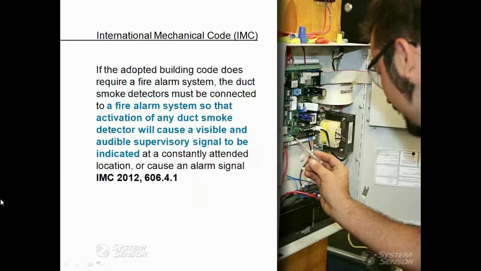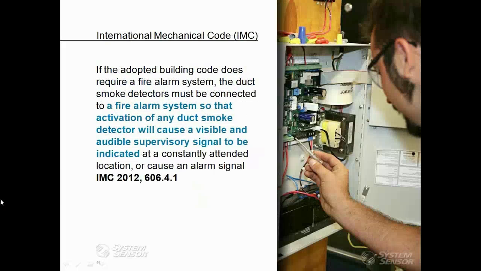So let me go to the next slide. Okay, so this is the final main point for duct smoke detection in the International Mechanical Code. If the building code requires a fire alarm system, as many buildings now do, the duct smoke detectors must be monitored by that system and cause a supervisory signal at the panel if smoke is detected.